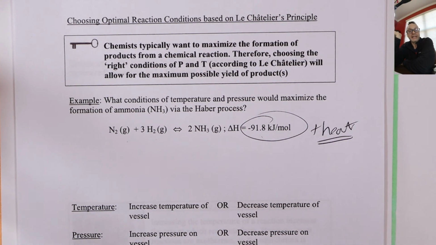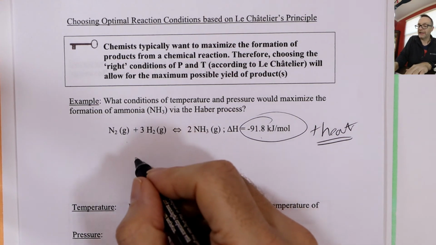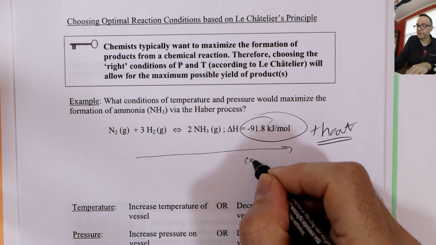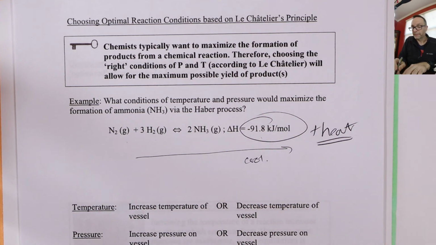Okay, so let's do the heat first. So what conditions of temperature and pressure would be most favorable for the formation of product ammonia? Well, let's think about it. If I cool this down, is it going to go left or right? If I cool it down, it's going to want to make heat. So it moves to the right if I cool.